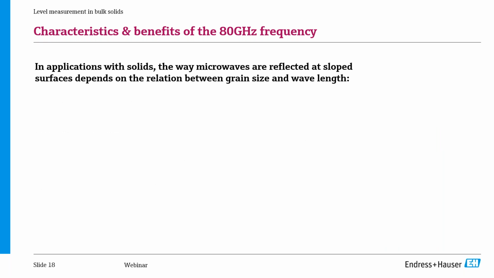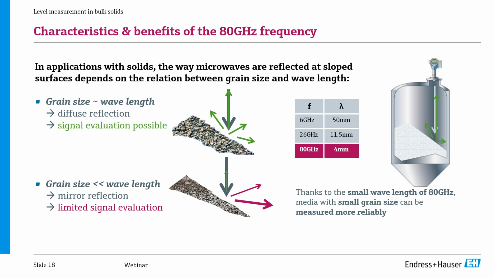All right. So especially when we're talking about solids, this is the second main reason why the 80 gigahertz is really key for solids applications. The way the electromagnetic wave interacts with the product at its sloped surfaces depends on the grain size and also on the wavelength of the signal.